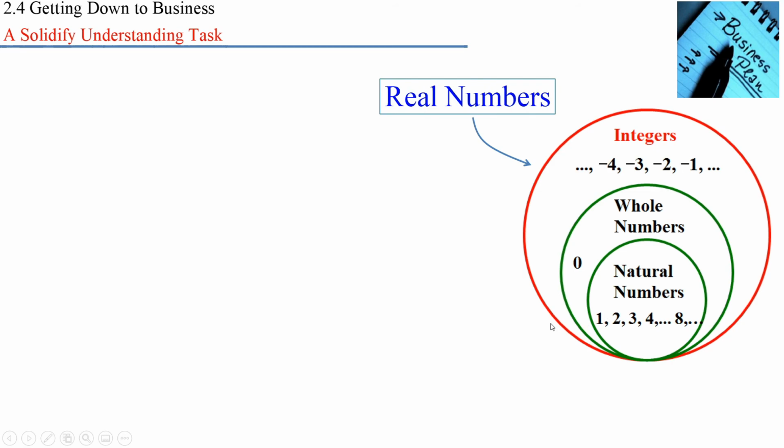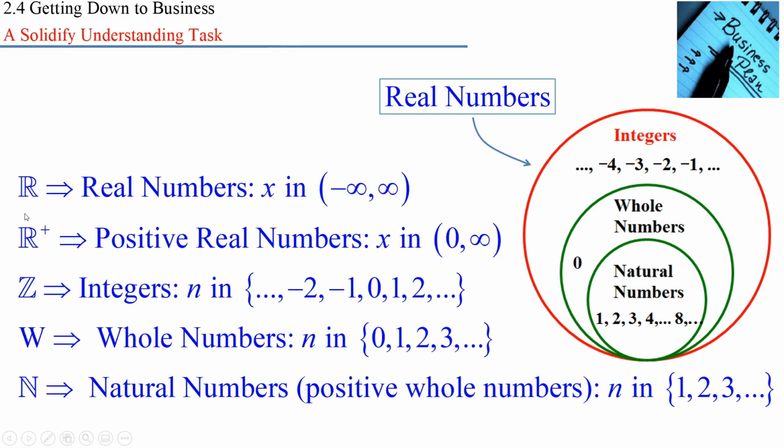Now there are symbols for all of these sets of numbers, and we've been working on our interval and set notation. So I want you to know what symbols represent certain numbers in interval notation or set notation. The set of real numbers is any number, and that is x is in the open interval from -infinity to infinity.